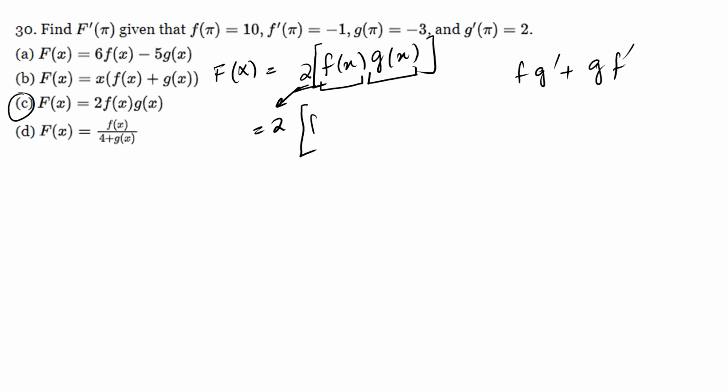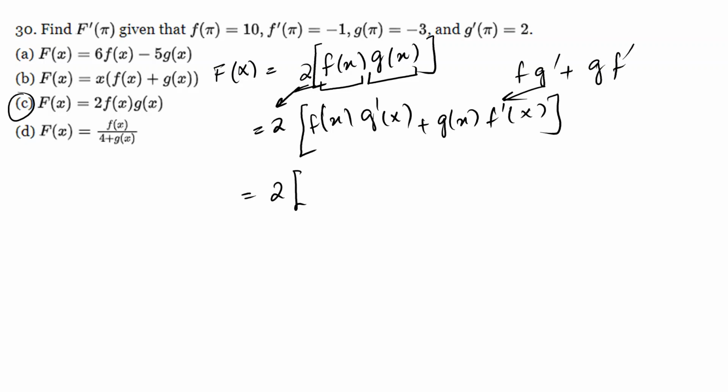So write here f prime, f of x, g prime of x. I am just writing my rule from here, plus g of x, f prime of x. That's all. Just replace the x by pi. Put the data from the given and just replace the values.